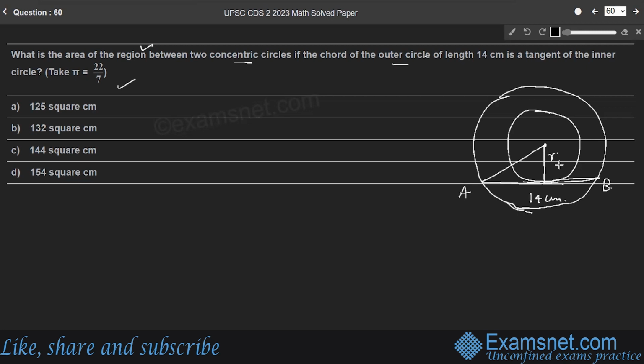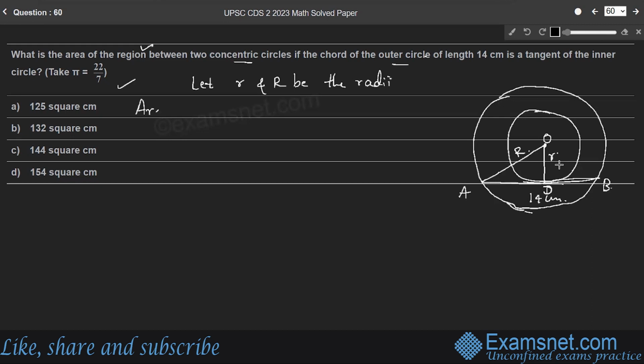Let O be the center and the point of contact of the tangent be D.